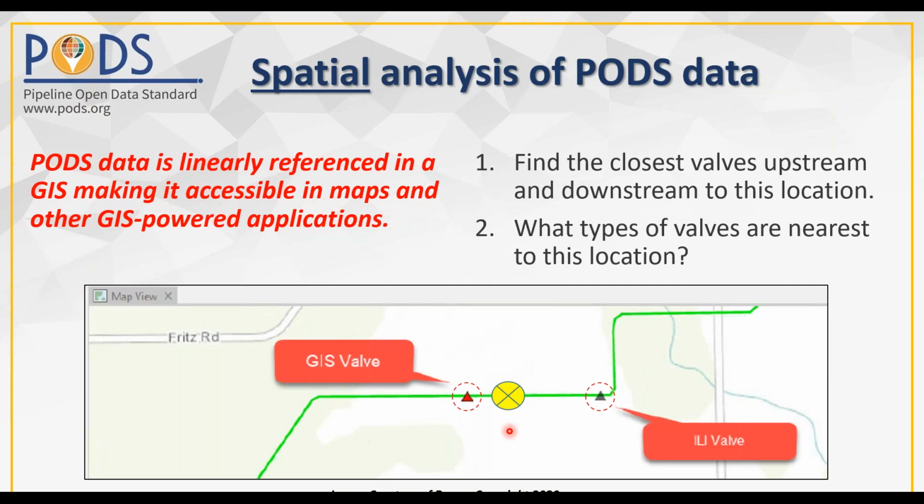These features are appearing on the map because they've been linear referenced. And you can use GIS software such as Esri GIS, and you can use these types of tools to conduct various types of analysis, including spatial analysis. This is a very simple case here, but you can get very, very complex.